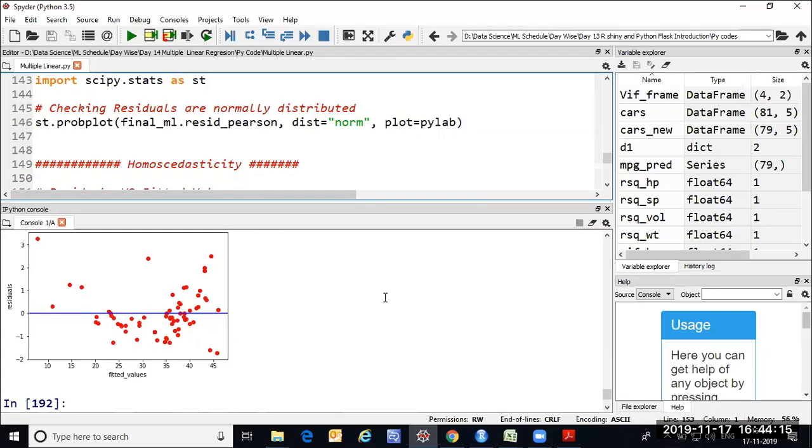Is the variance the same? No, right? So this is not satisfied. Others are more or less satisfied, but this particular assumption is not. Hence you would still need to remove the other influential observations, thereby you might improve.